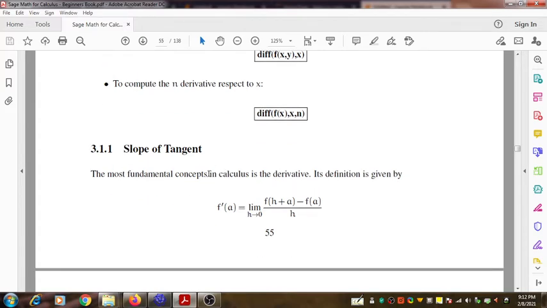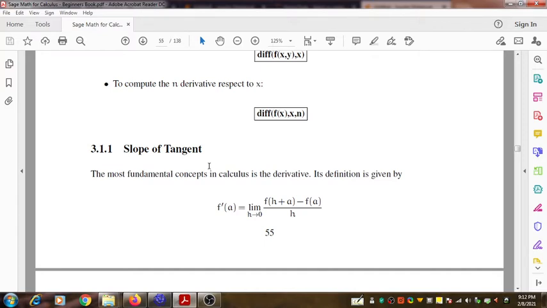But if you want to calculate the derivative of a function using the direct method, we have the formula, and at this point I would like to remind you of it.